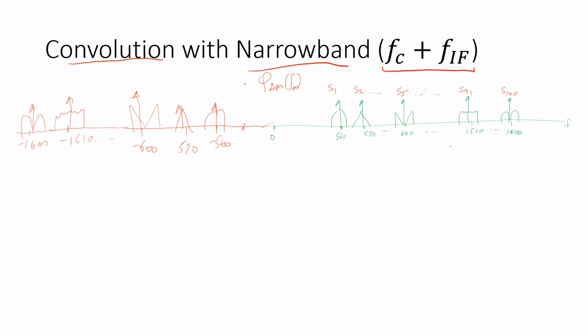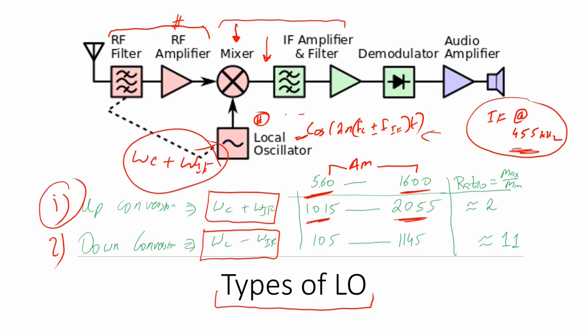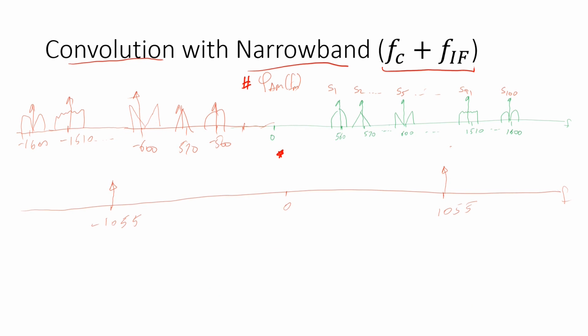So we received this AM spectra, that is the pass band, and then we are going to convolve it with this narrow band over here. We are trying to tune into 600, so our carrier frequency is 600, and we know that our intermediate frequency is 455.